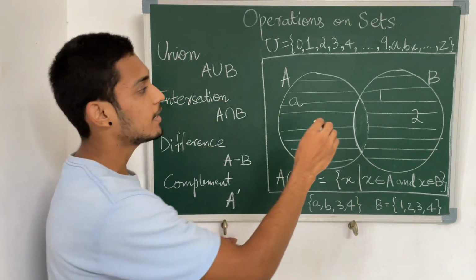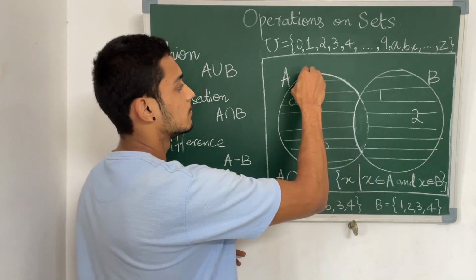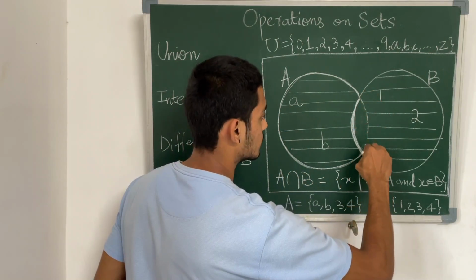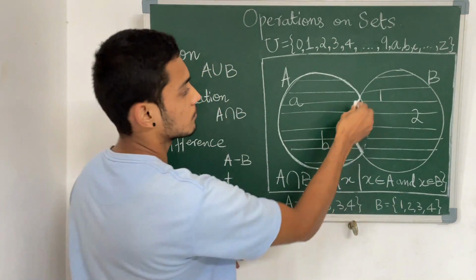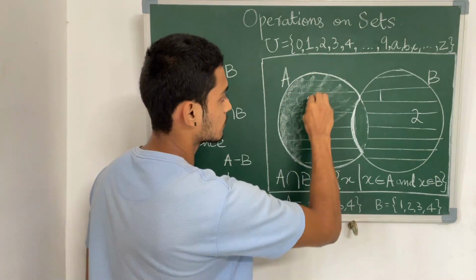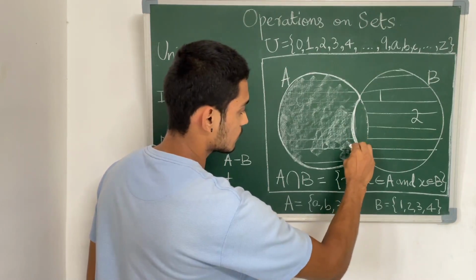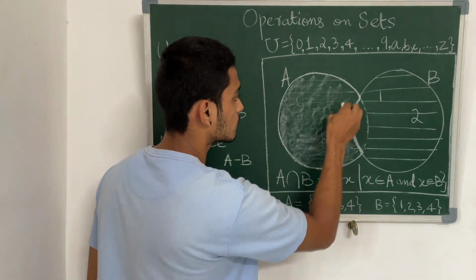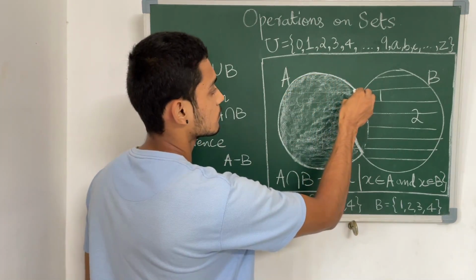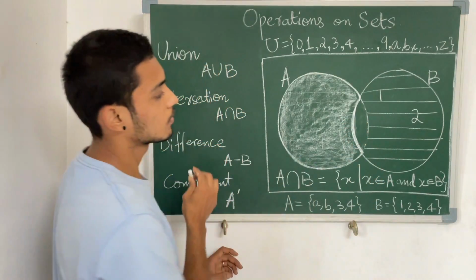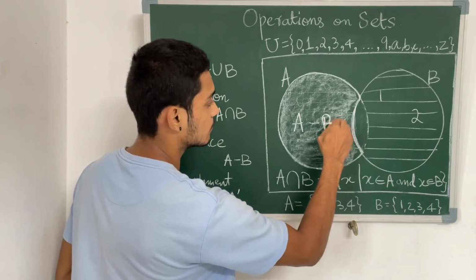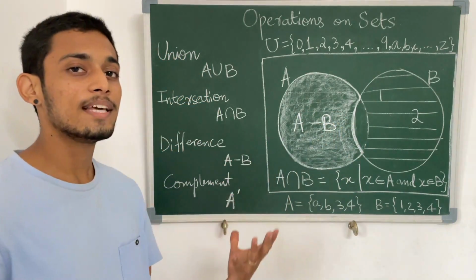So once we remove this part, what remains with us is this set. So this is the set that we are left with. So this set is A minus B.